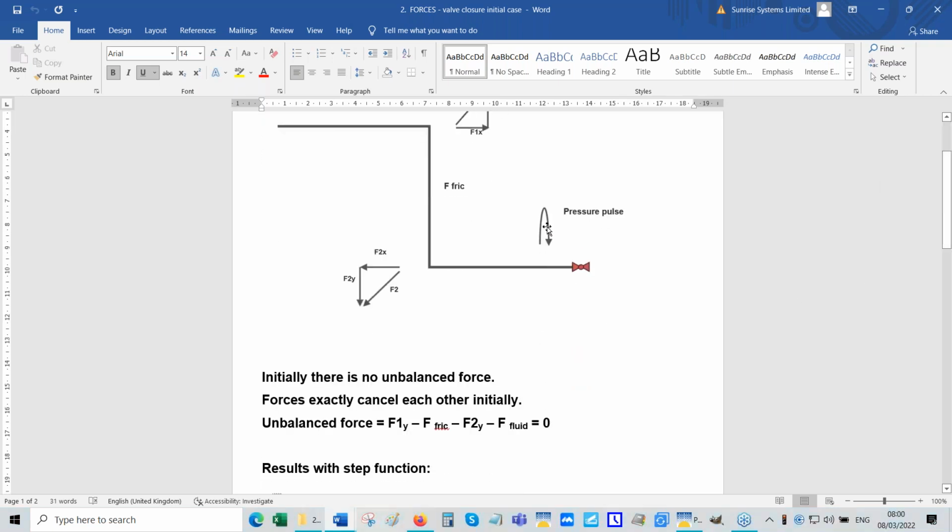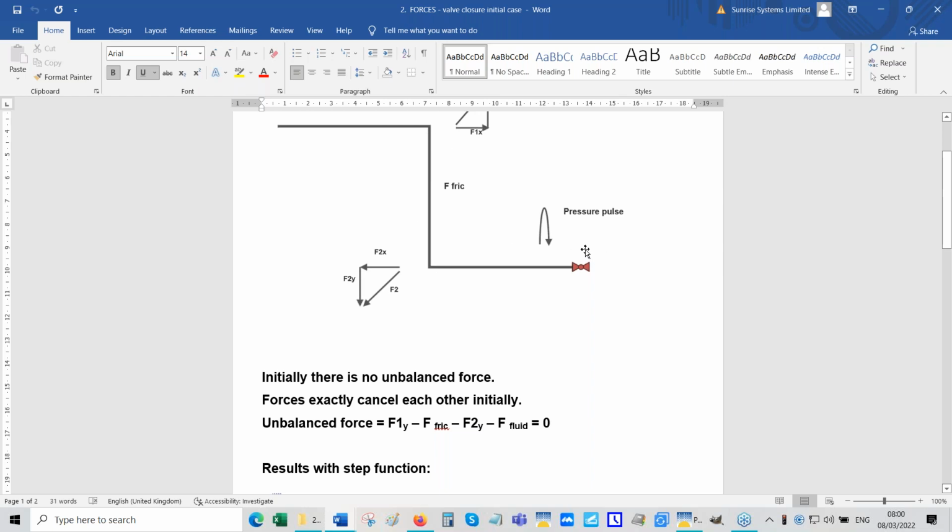But initially, when the pulse, because it's a very narrow spike, when it forms here, it doesn't change the unbalanced force here, because that is still 0, because this has not had any effect as yet on the pressure and the flow rate at these 2 points.